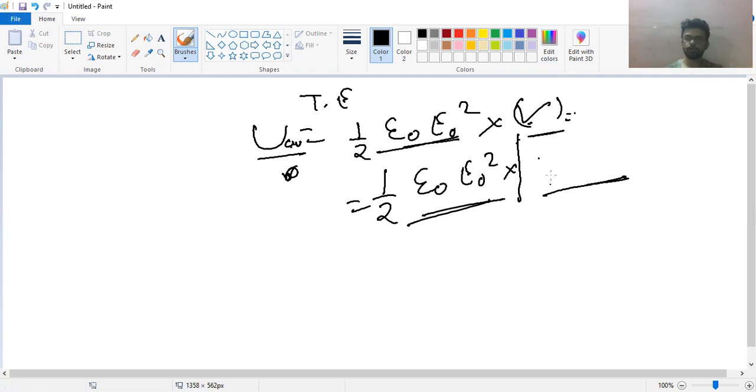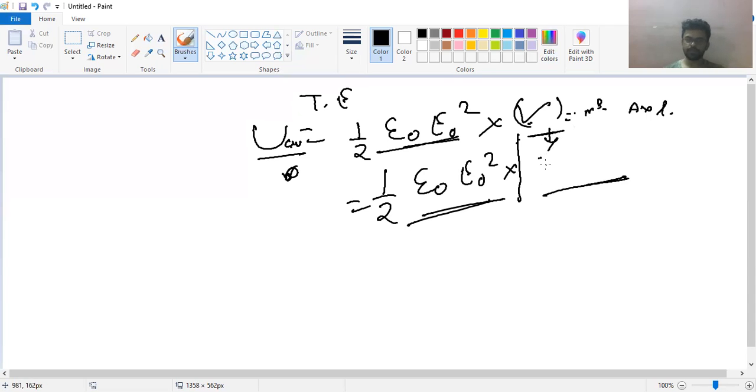Volume is area into length, so it is basically meter cube.